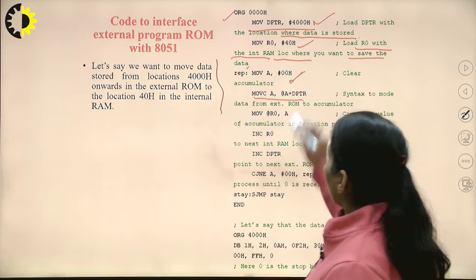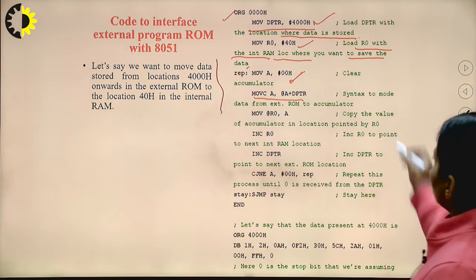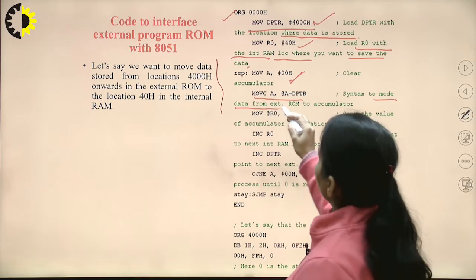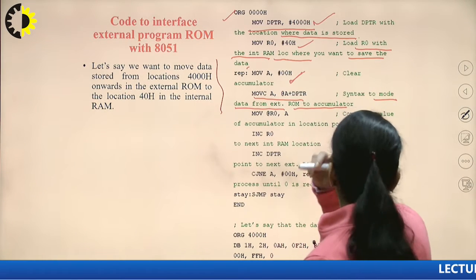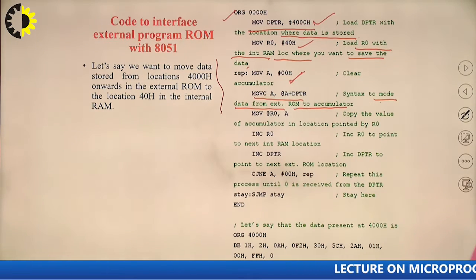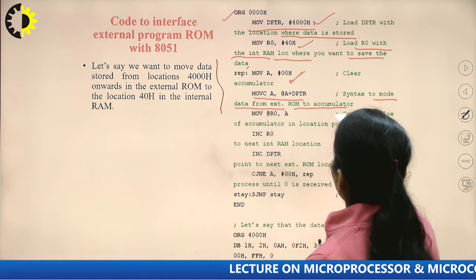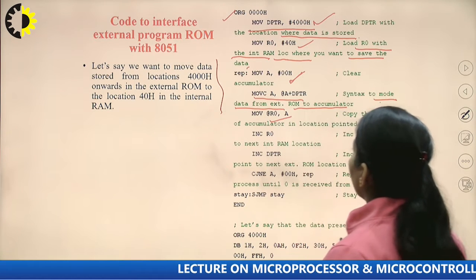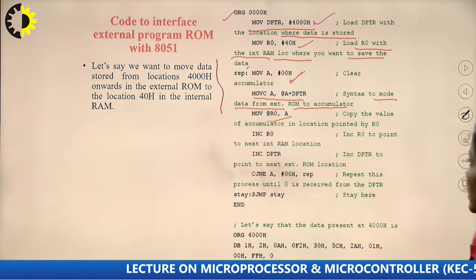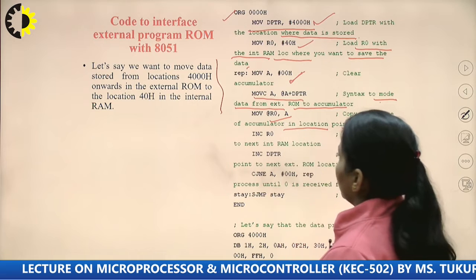MOVC A, @A+DPTR, that is the syntax to move data from external ROM to accumulator. So in this way, the data from the external ROM is moved to the accumulator. Now MOV @R0, A, that is the value of the accumulator is copied in the location pointed to by R0.